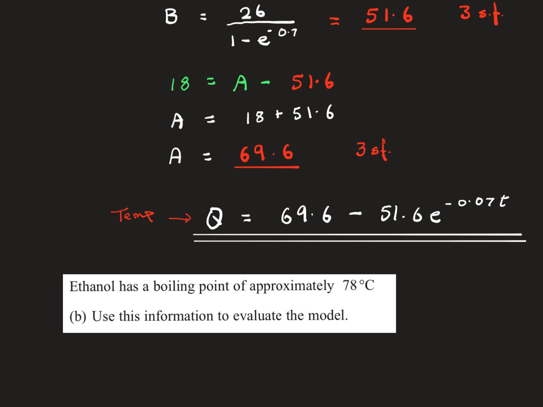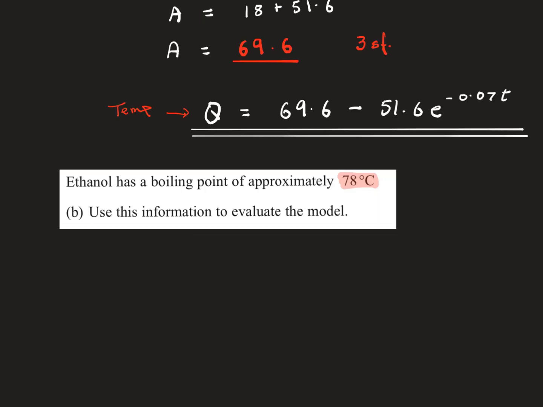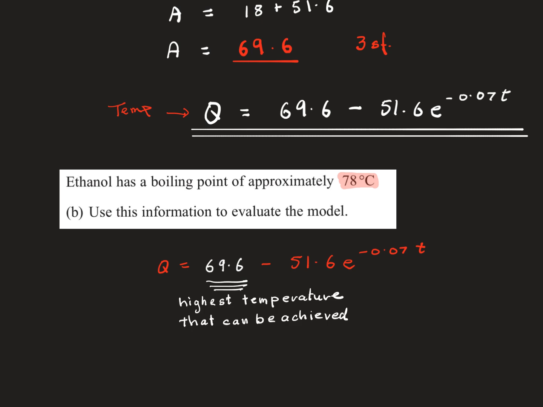Now we are told that ethanol has a boiling point of 78.7 Celsius, and we're going to use this information to evaluate the model. So let's have a look at this model again. According to this model, the highest temperature that can be achieved is 69.6 Celsius.